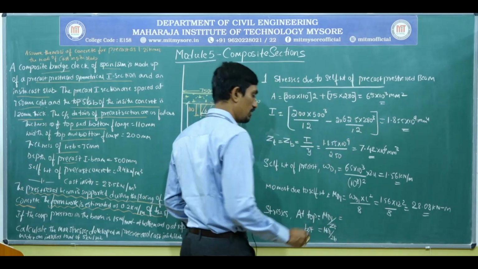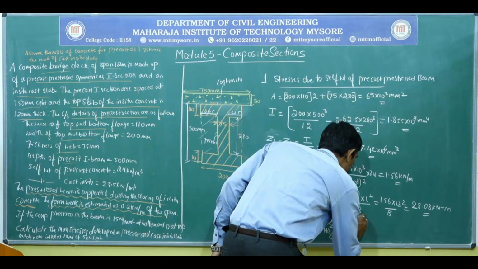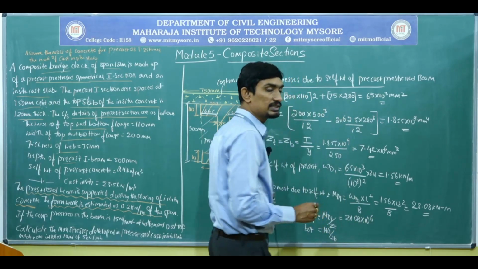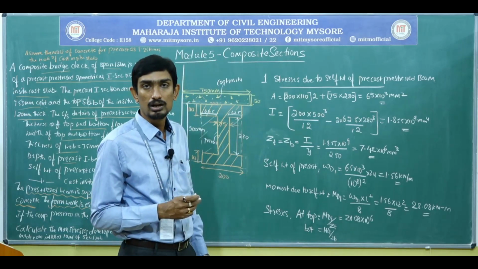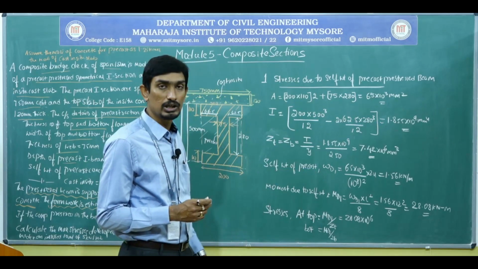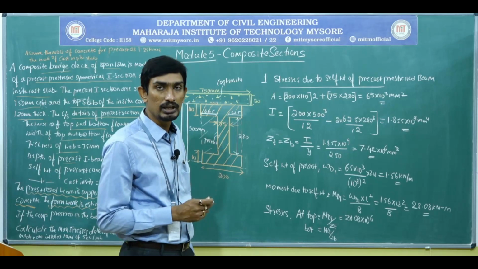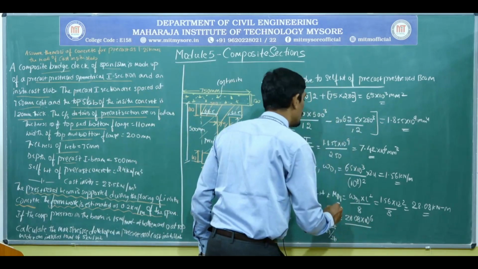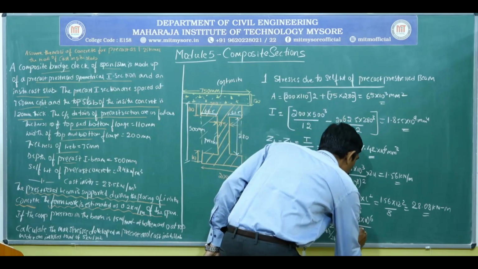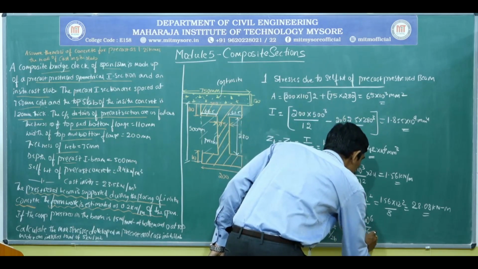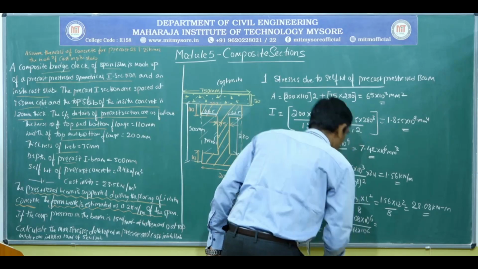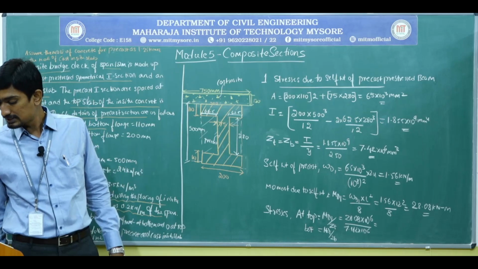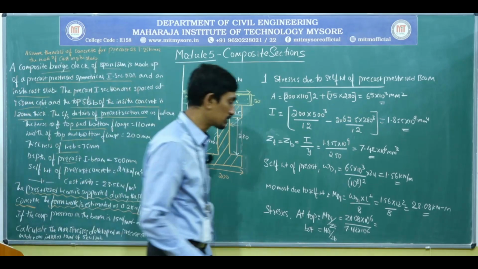So that is 28.08 into 10 to the power of 6, because I want the answer in Newton per millimeter square, but the moment is in kilonewton meter, so substitute in Newton millimeter, then divided by Z top, 7.42 into 10 to the power of 6, the same thing both in the top and bottom, that is 3.78 Newton per millimeter square.